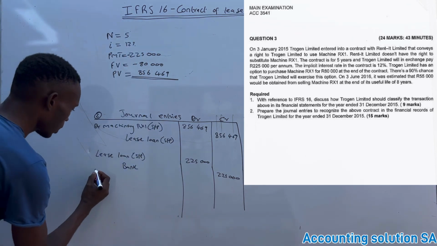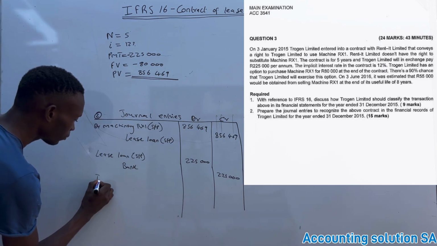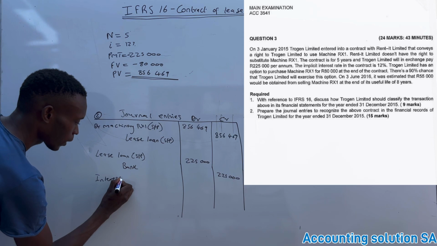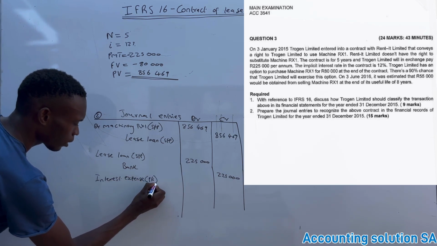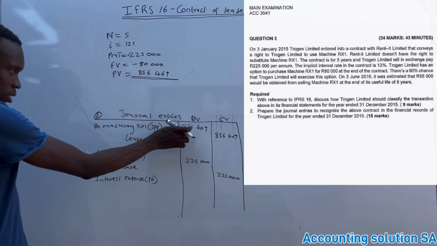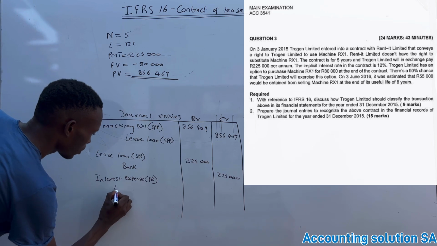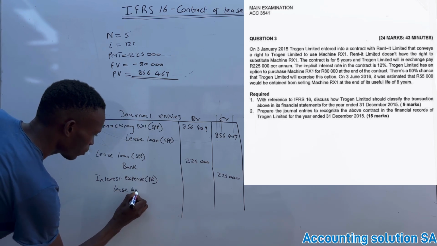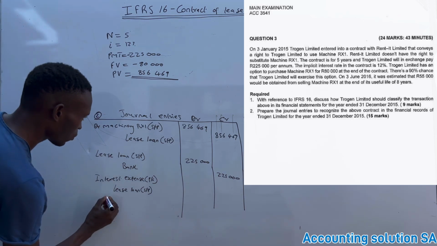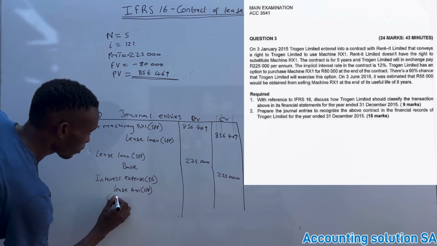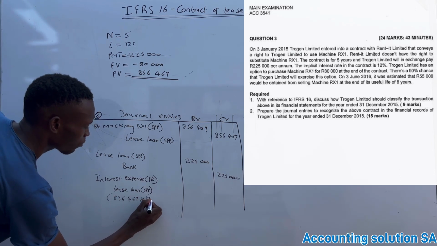Then after that we can go to depreciation or interest. Okay, let's go to interest. Interest, of course, is going to increase the liability. We debit Interest Expense P&L, and we calculate interest using the present value amount. Then we credit Lease Loan SFP. The calculation will be 856,469 multiplied by 12%.